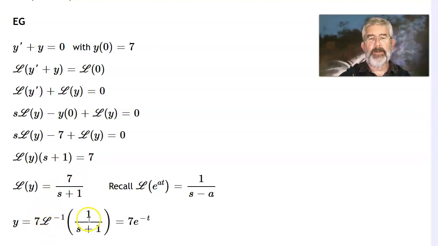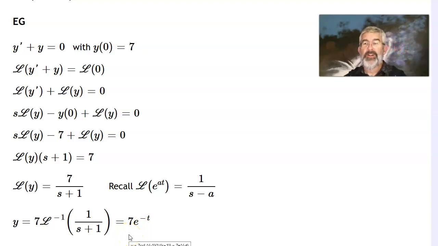That y is 7 times the inverse Laplace transform of 1 over s plus 1. This looks a lot like that with a equal to negative 1. So the inverse Laplace transform of 1 over s plus 1 is e to the negative t, and the 7 comes along for the ride.